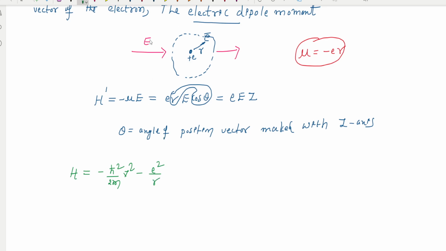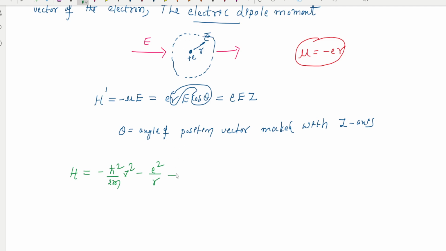Now, in addition, we are creating one new situation here. This hydrogen atom we are placing in an electric field, because of this electric dipole moment interacting with the applied electric field, it gives additional energy to this electron. So it creates a new potential between this electron and electric field, right?